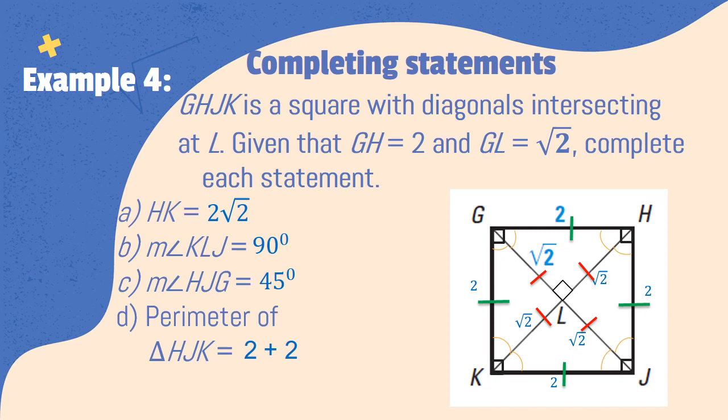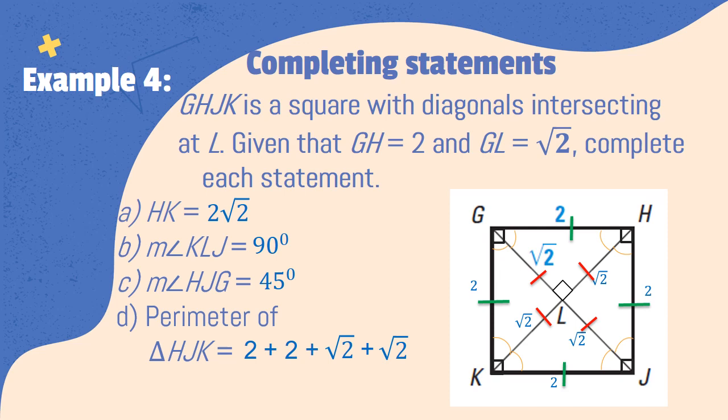Also, I'm going to need to add the length of the segment KH, and that segment will be the sum of the sides KL and LH. So that's why I'm going to add KL measures square root of 2 and LH measures square root of 2.